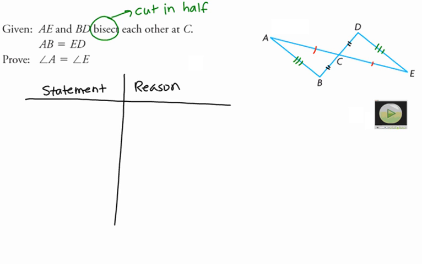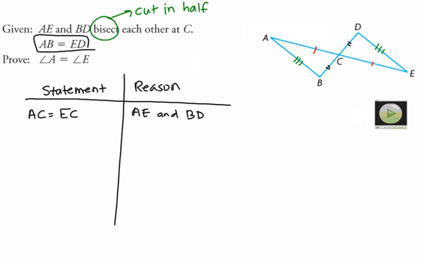Okay, so let's start with saying AC equals EC, right? What we just did. So why are they equal to each other? Let's go back to the beginning. Well, AE and BD bisect each other. That's our reason. You can't just say given here. Even if it was written above, the only time it's given is if they actually say something like that.